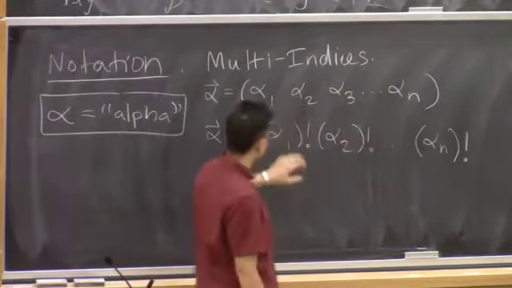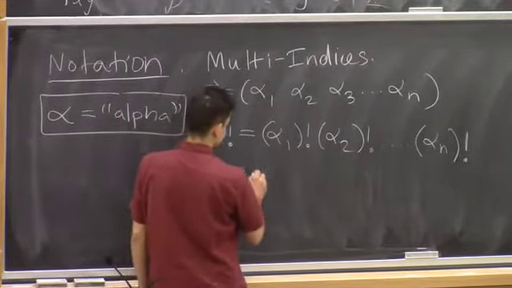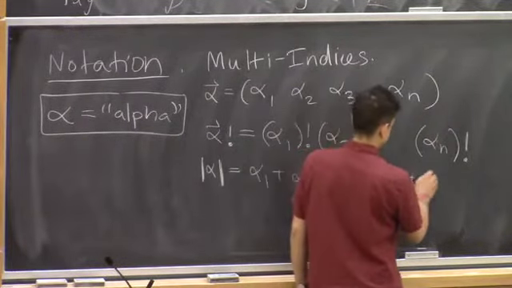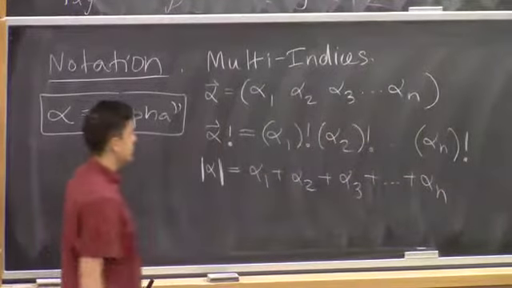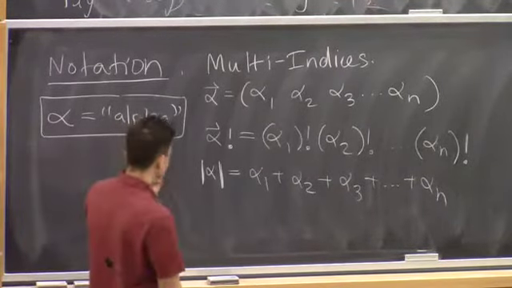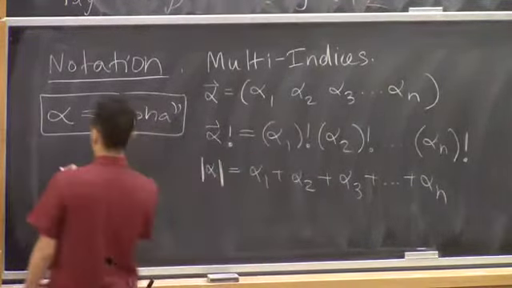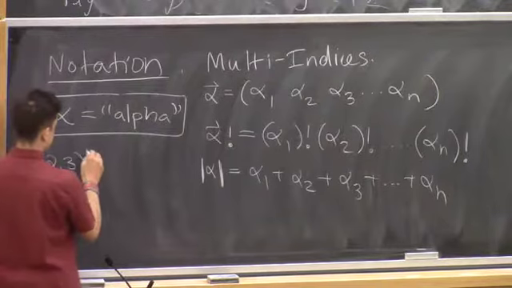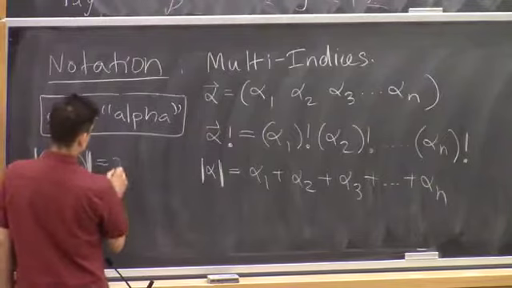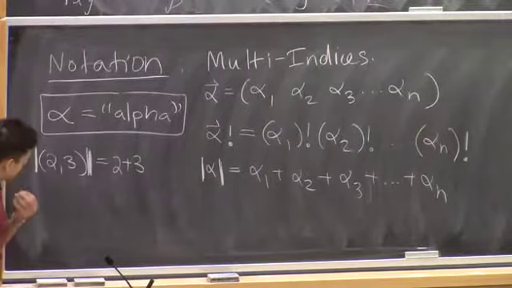Okay, our other piece of notation is where we put bars, and that means we add up the entries. Okay, so as an example of what's going on there, (2, 3) bar, that's going to be 2 plus 3, which is, I think it's 5.